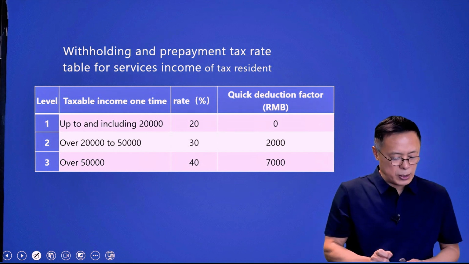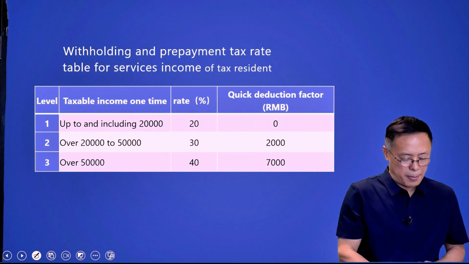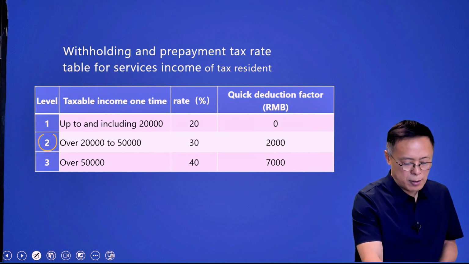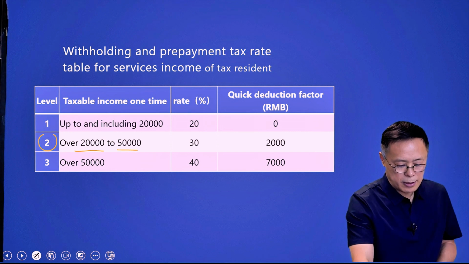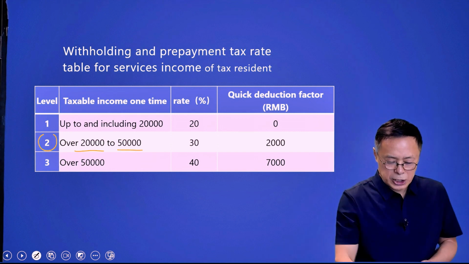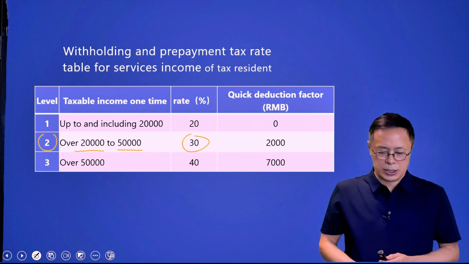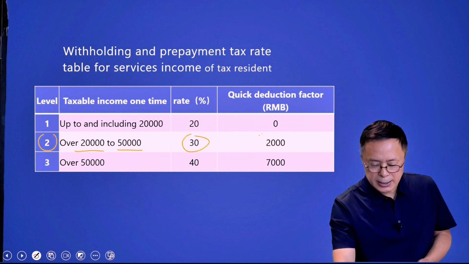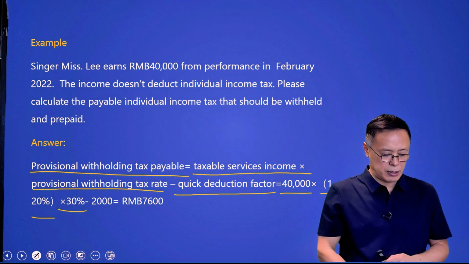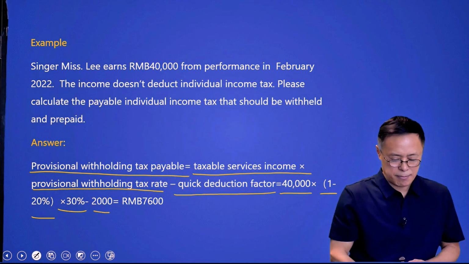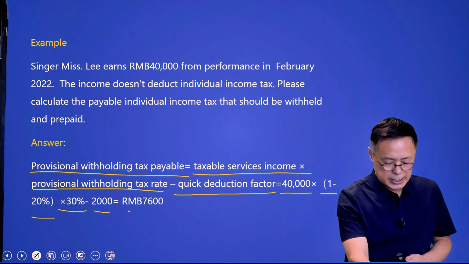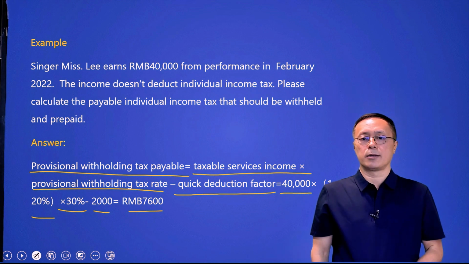Let's reference the tax rate table. The applicable level is the second, over 20,000 to 50,000. So the applicable tax rate is 30%. Quick deduction factor is 2,000. So here, 34,000 times 30% minus 2,000. The result is 7,600.